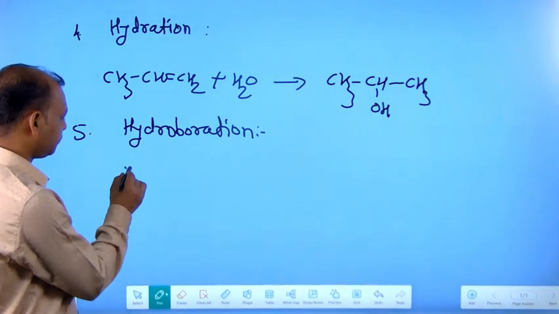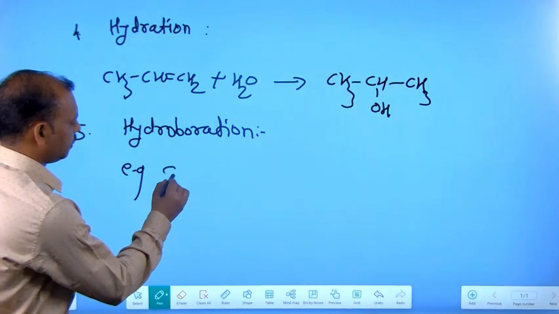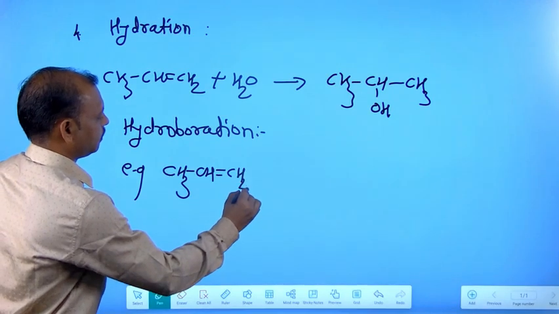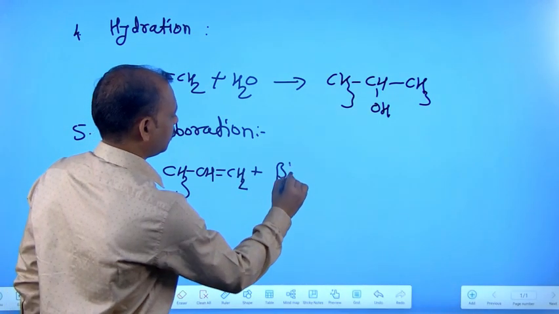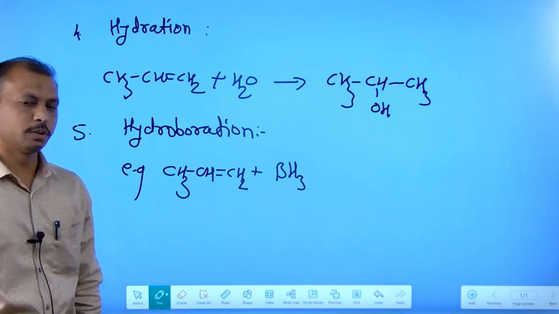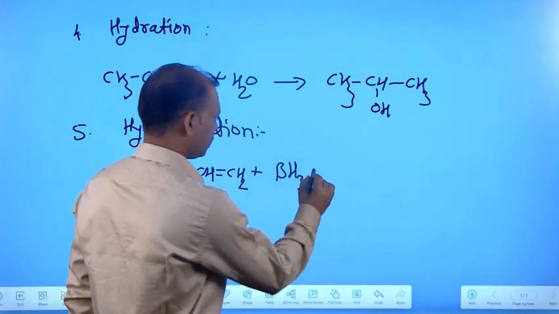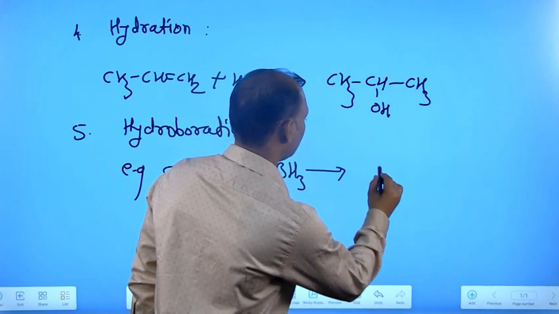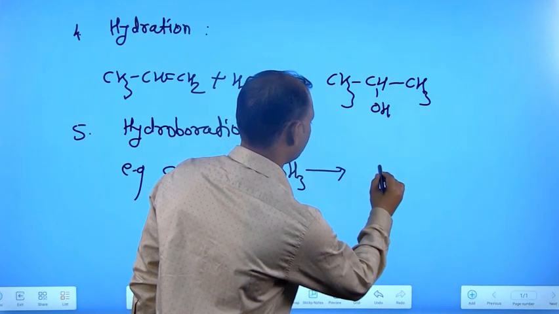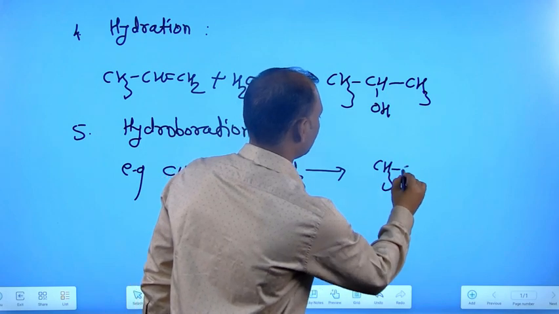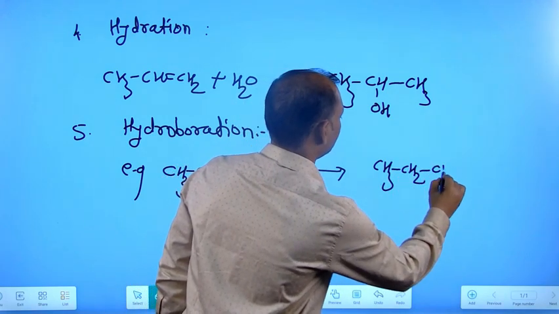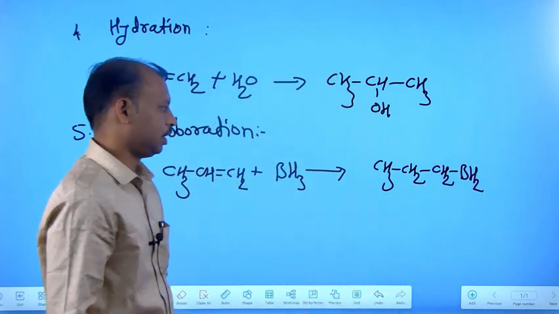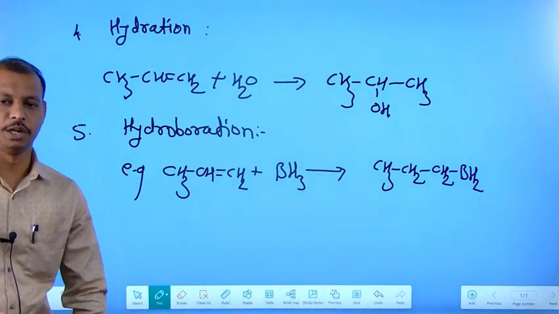For example, when the alkene reacts with BH3, one of the hydrogens from the boron compound is added across the carbon-carbon double bond, and it gives CH3 CH2 CH2 BH2.